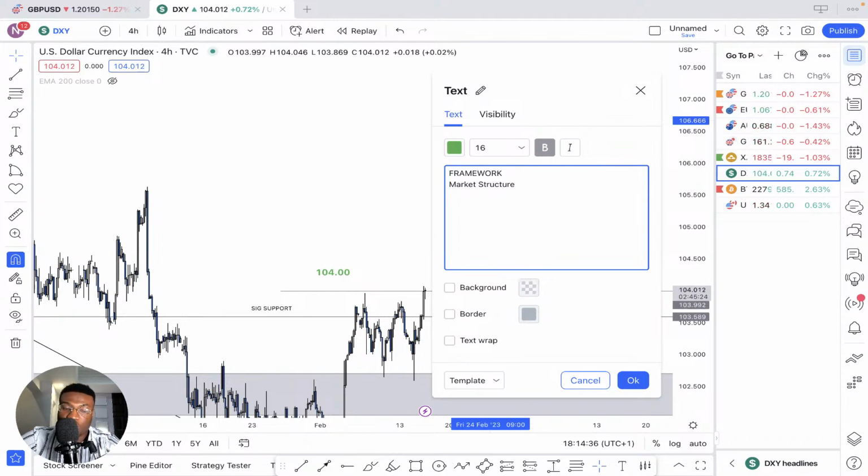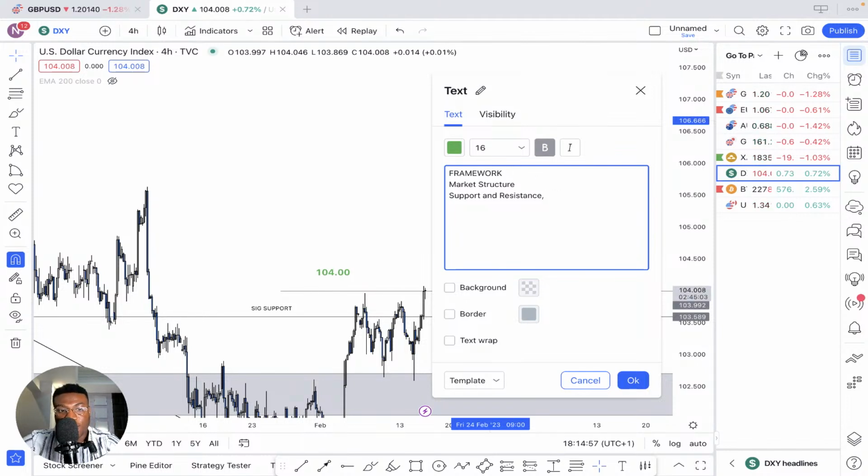This market structure involves support and resistance, which is where you can find buying pressure kicking in, selling pressure kicking in as well.